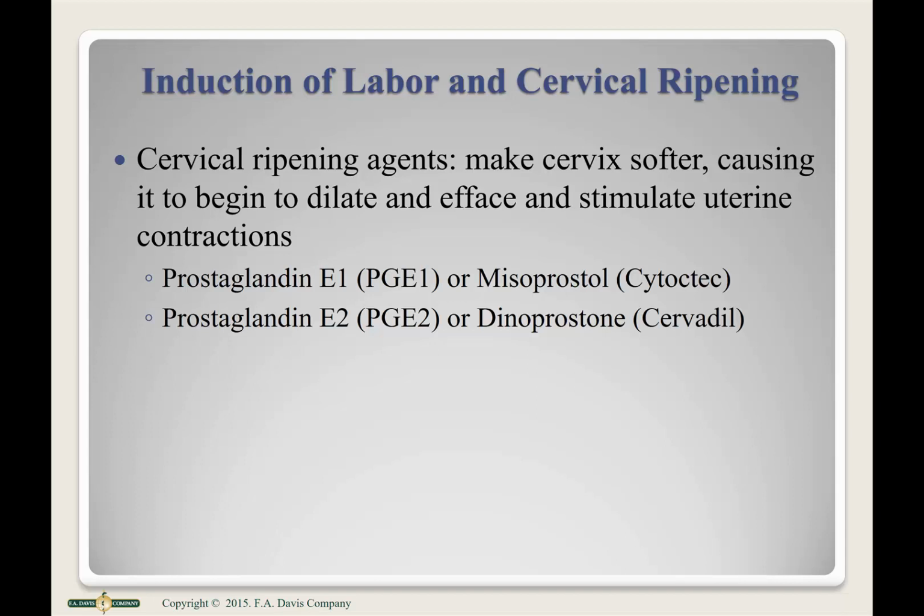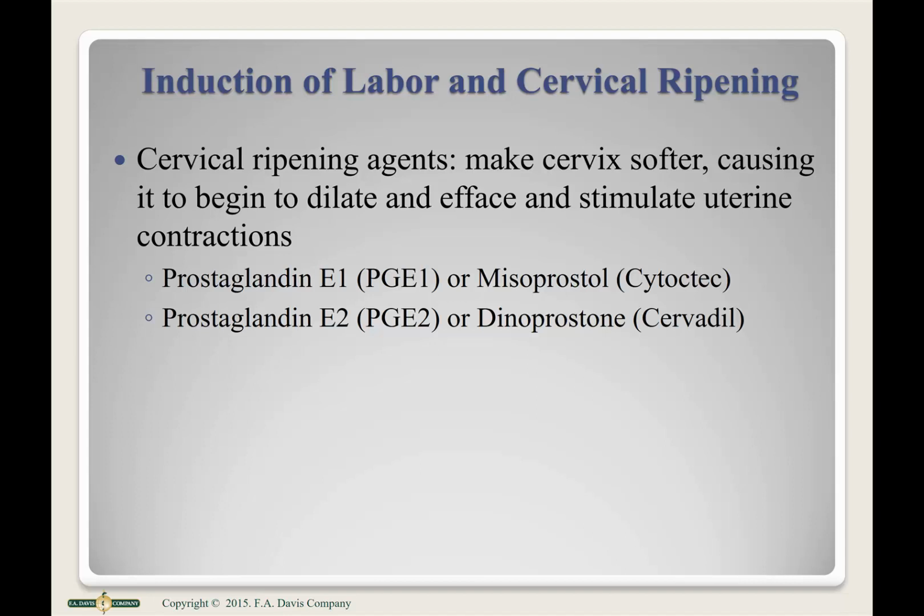We might use some of these drugs to make that cervix inducible or favorable before we start the induction. This usually takes place the day before or the evening before induction, and then maybe induction starts the next morning. The two drugs that we typically use for cervical ripening are Cytotec, our misoprostol, or Cervidil, or dinoprostone.